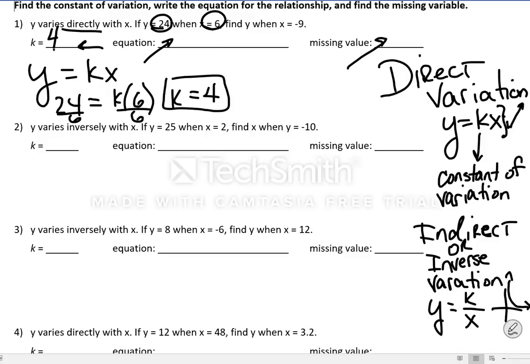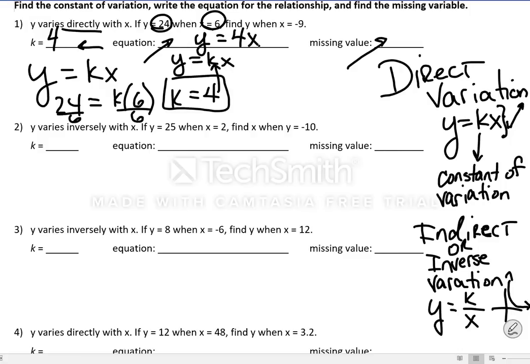Now your equation, this is where it gets a little tricky because we want to do different things. Your equation is the direct or inverse variation equation with only the variable k substituted in. Our equation was y equals kx. The 4 is k, so when I rewrite this, it's y equals 4x. So my slope, or my constant of variation, is 4.